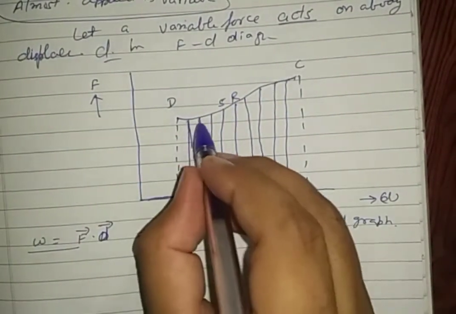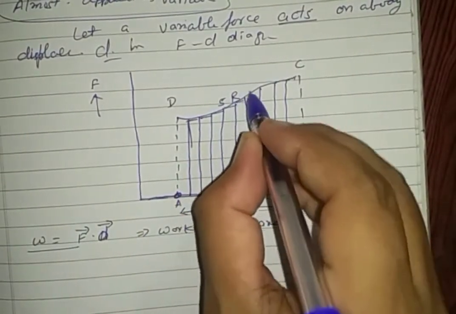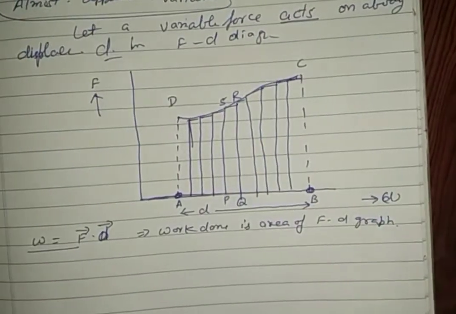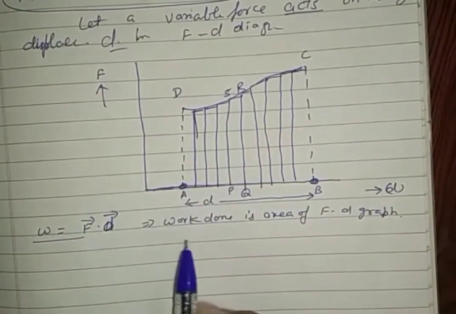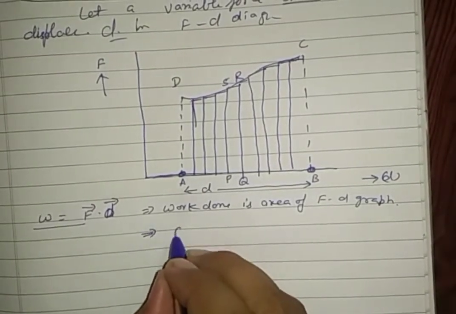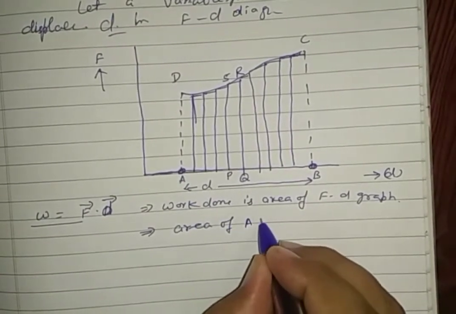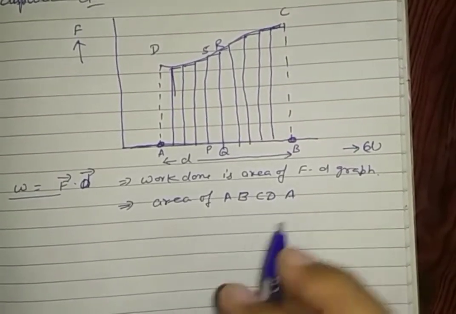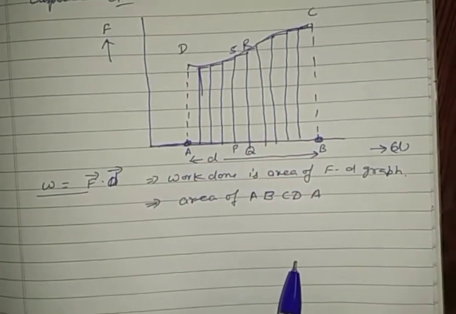We can consider each strip as a rectangle. Here the work done is equal to the area of the F-D graph, or more specifically the area of ABCDA.